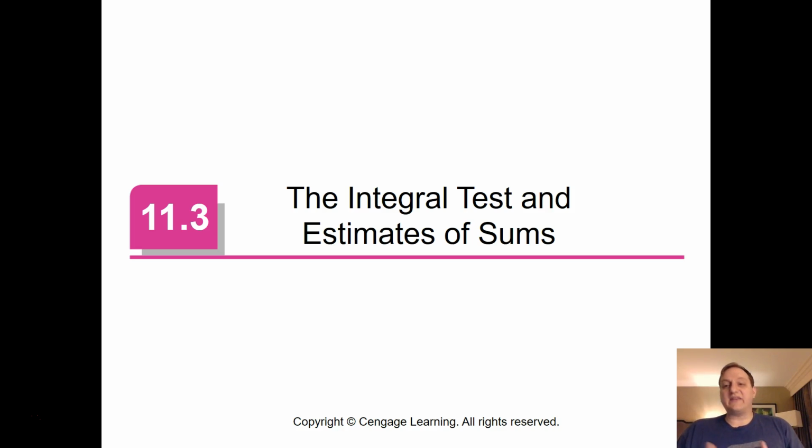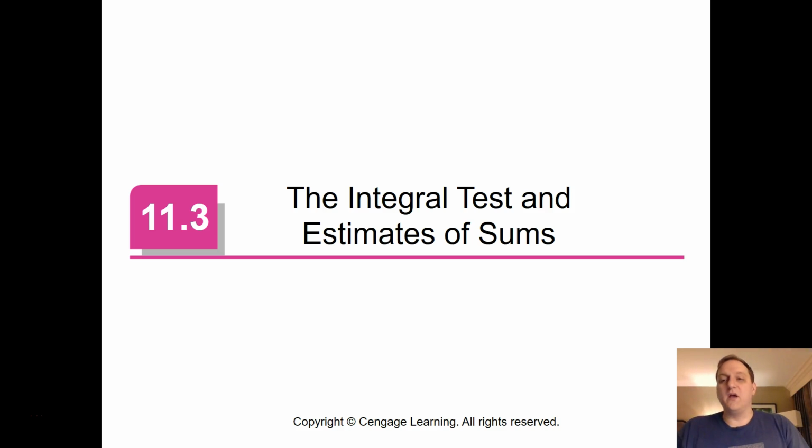So the next phase, which is going to handle a couple of different methods, is tests that we can do to say whether a series converges or diverges without necessarily being able to say exactly what sum it converges to.